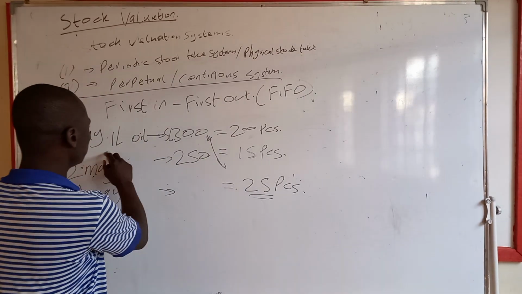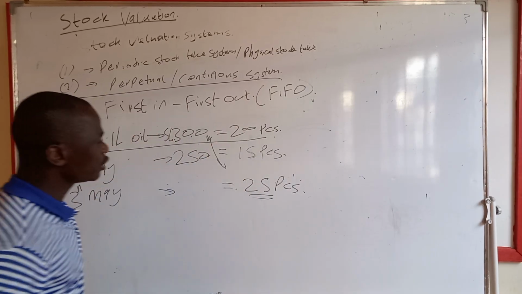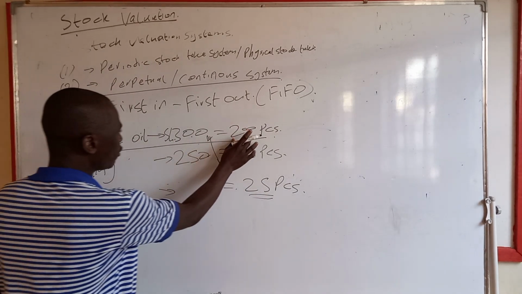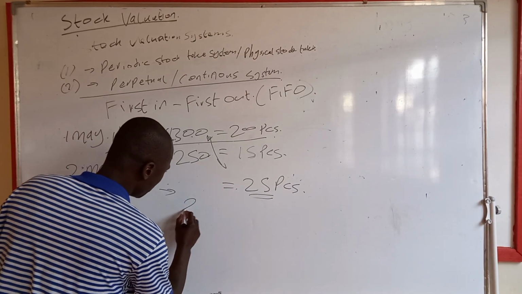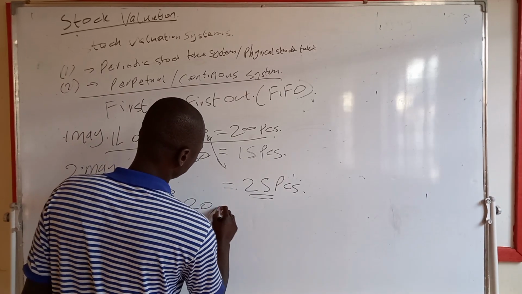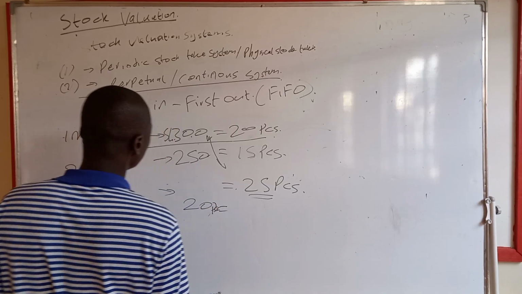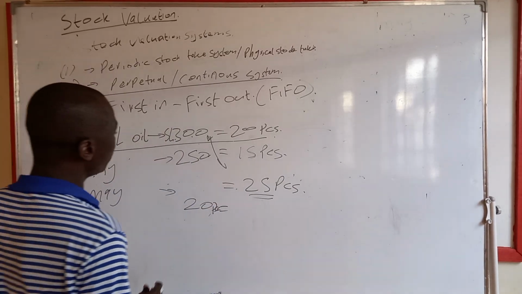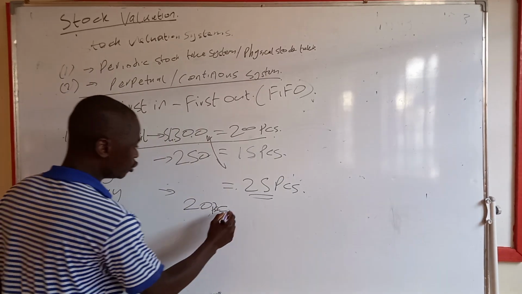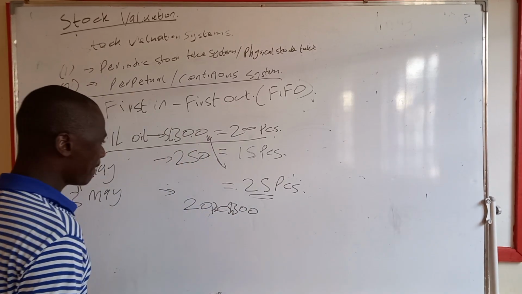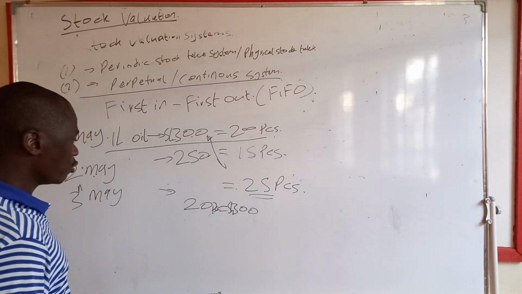You will give him 20 from this batch. These 20 pieces, you bought them at 300 each.